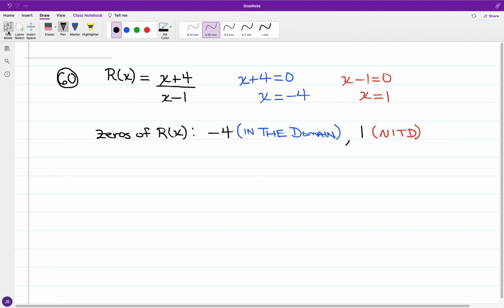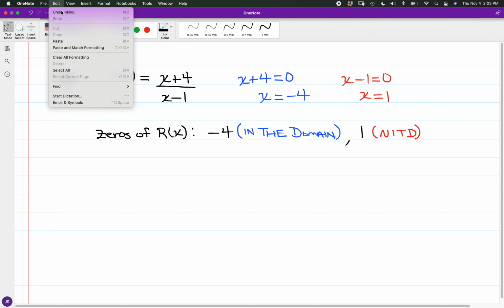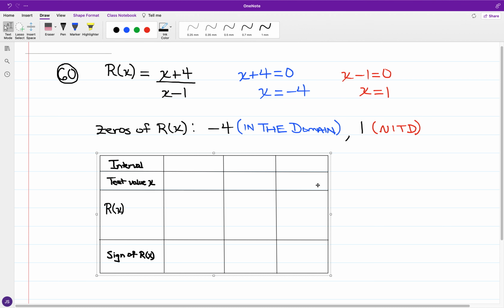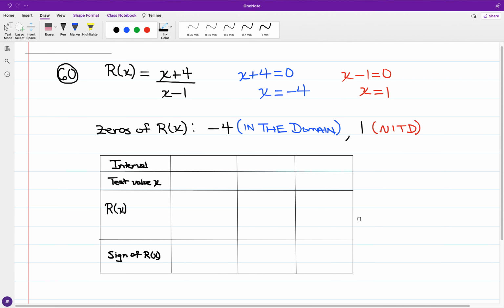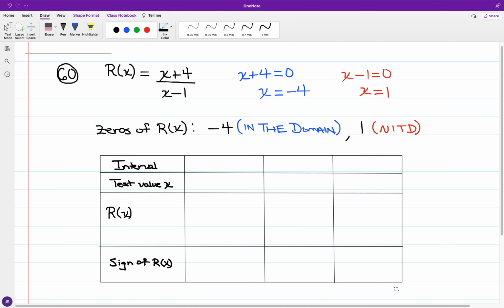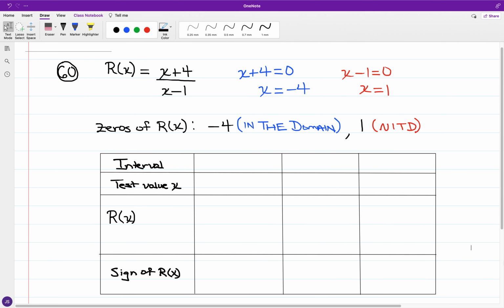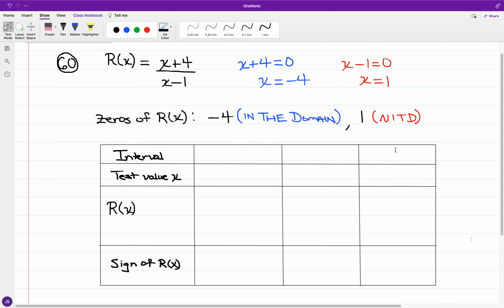And if we establish a table of intervals, in creating the spread here, you have two distinct zeros, negative 4 and 1. For the first interval, the smallest values of x, we have those less than the smaller of the zeros, negative 4.